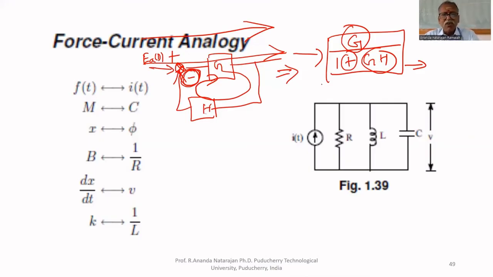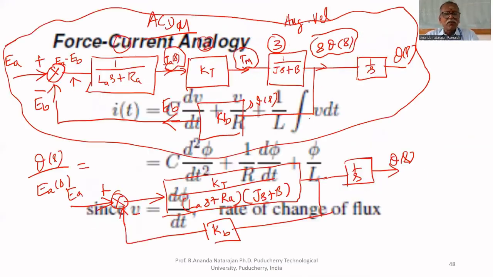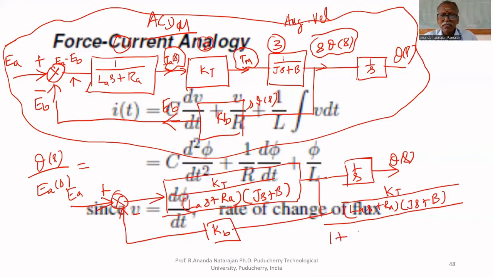If you apply the same formula in the previous block, it becomes, I'll write, KT upon LAS plus RA, multiplied by JS plus B, whole divided by 1 plus KT KB.